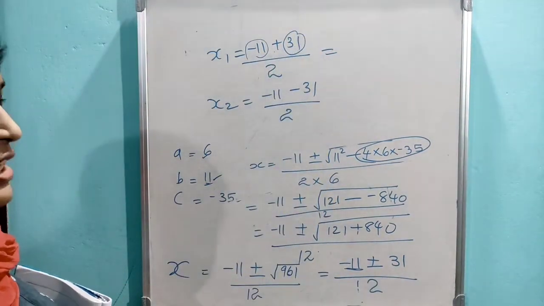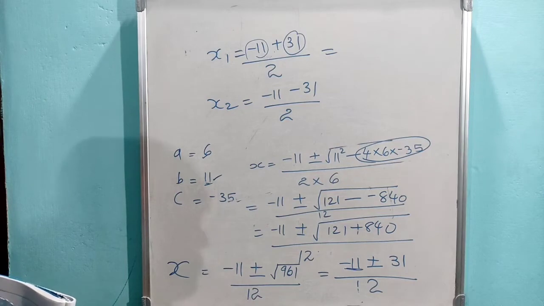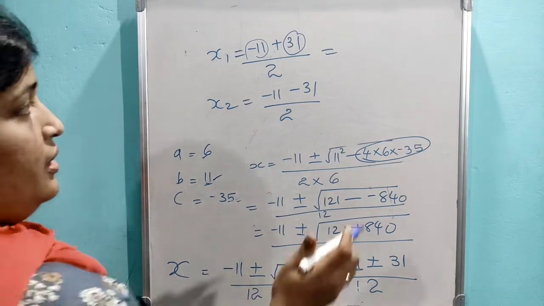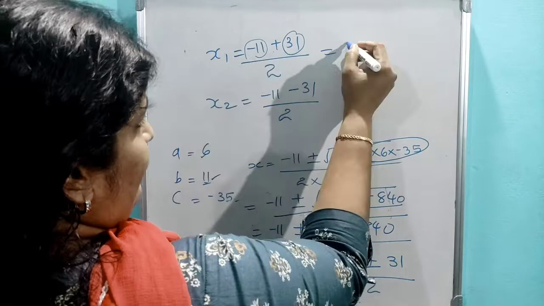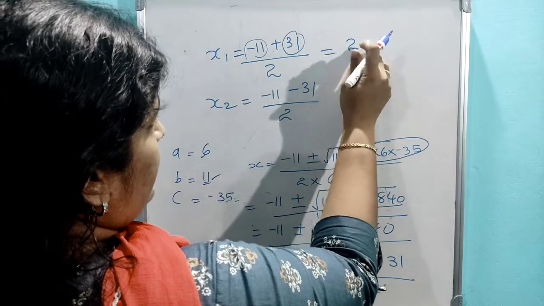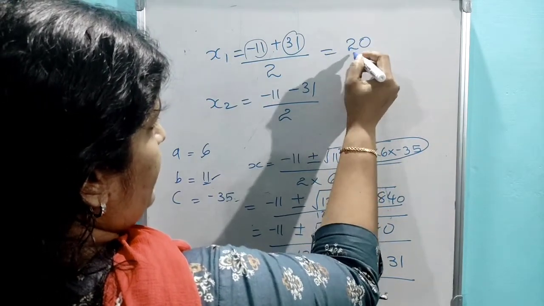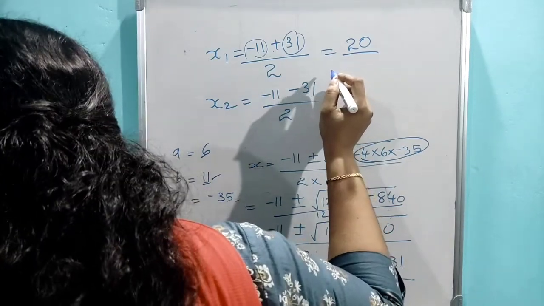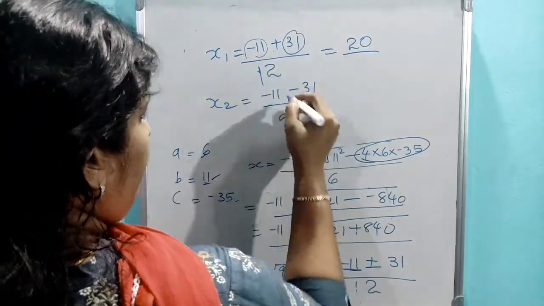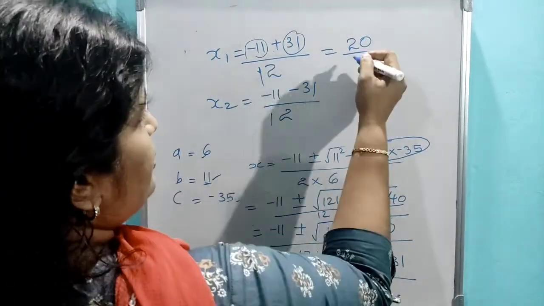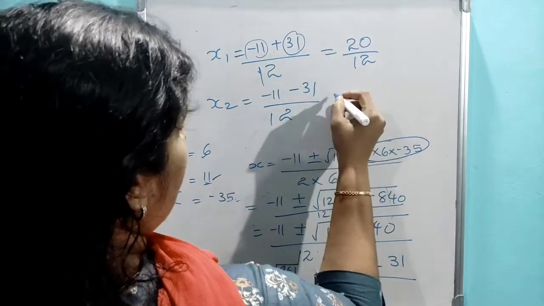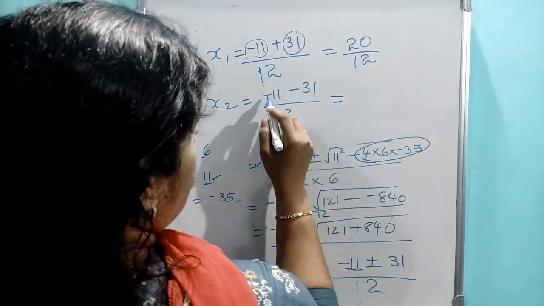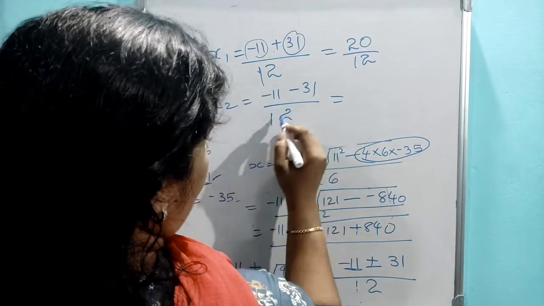Different signs means find the difference between the numbers and put the sign of the larger one. So 31 minus 11 is equal to 20, so 20 by 12.